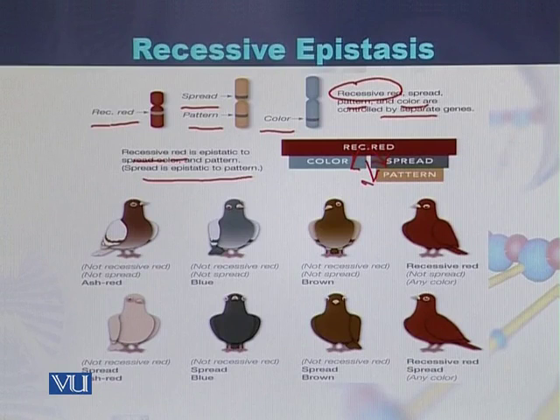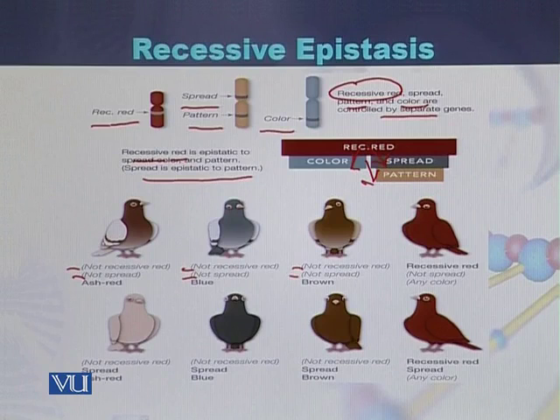So here are some pigeons. In these three types of pigeons there is no recessive red, and there is no spread, and we can see that there are different colors of the pigeons.